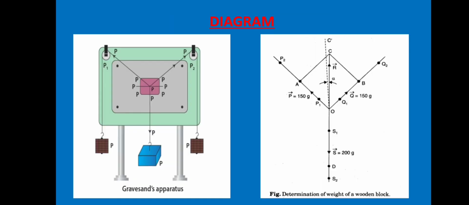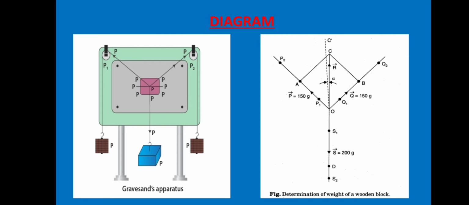See here the diagram. This left hand side diagram shows the Gravesand's apparatus. We will physically do the activity, you don't have to worry when we have hands on the apparatus. Just here we are showing the unknown weight.